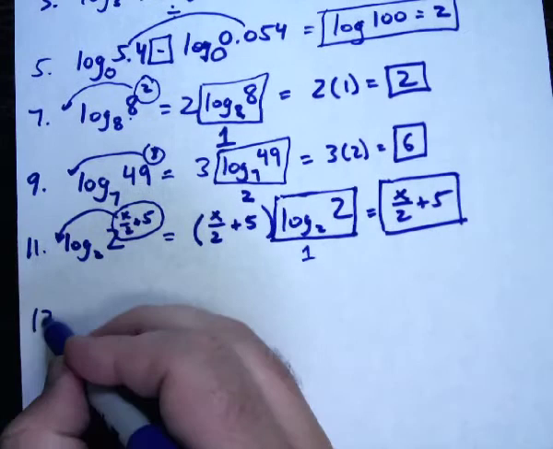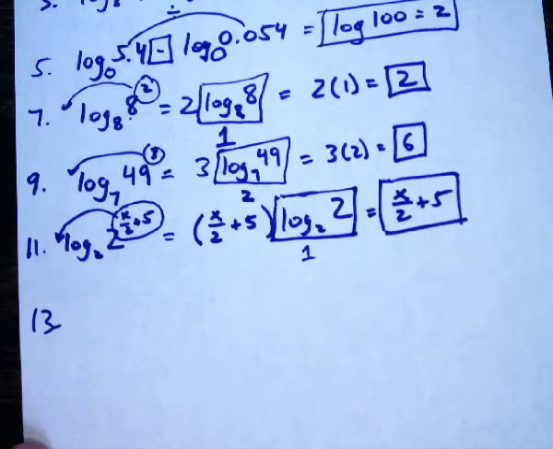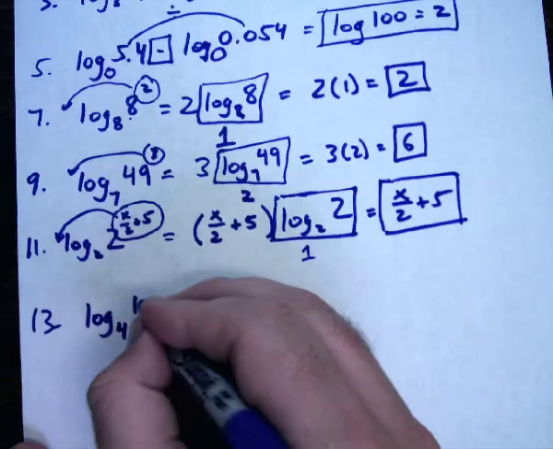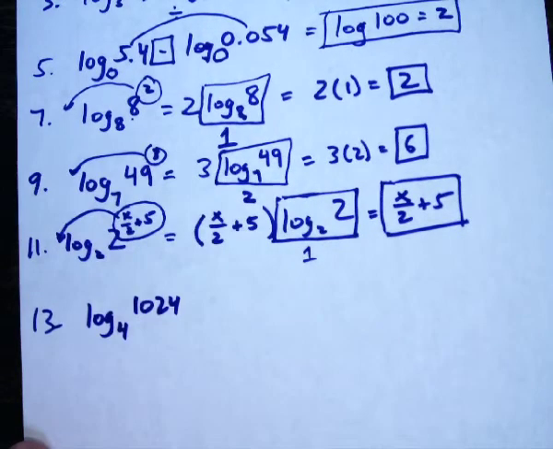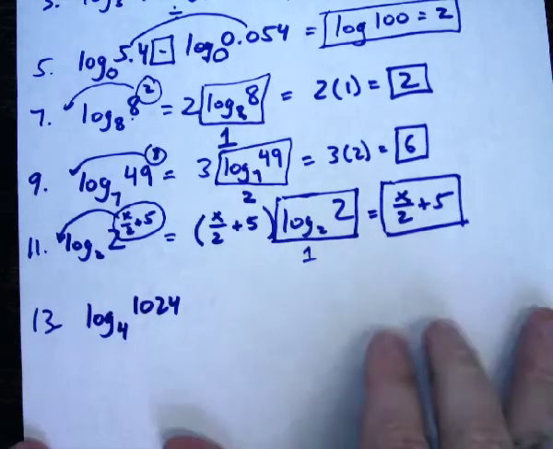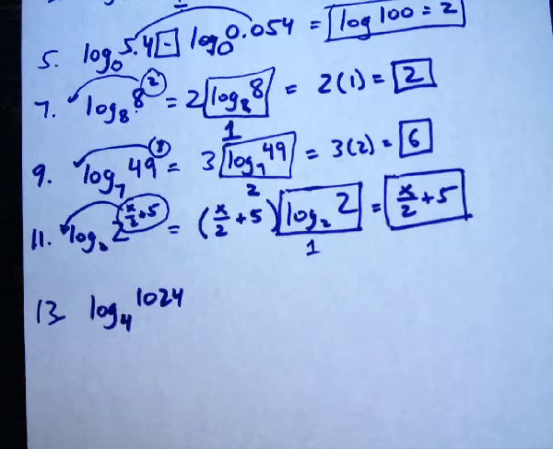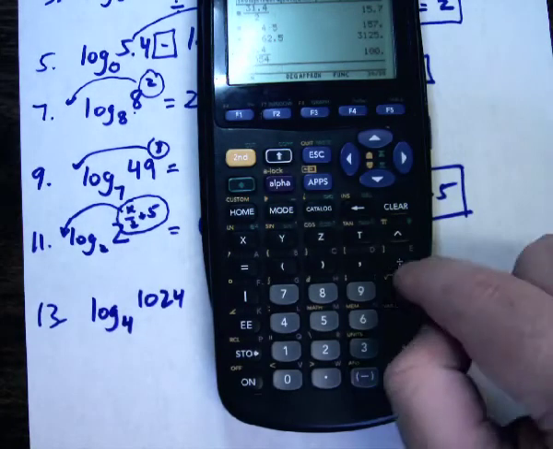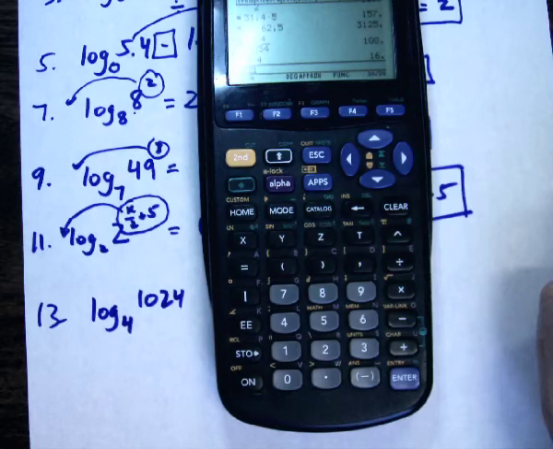Alright, last problem, 13. Log base 4 of 1024. Now here, it's not so easy to simplify. There's nothing obvious about this. I can break this up maybe a couple different ways, but I think I'm just going to try multiplying first. 4 times 4 is 16.